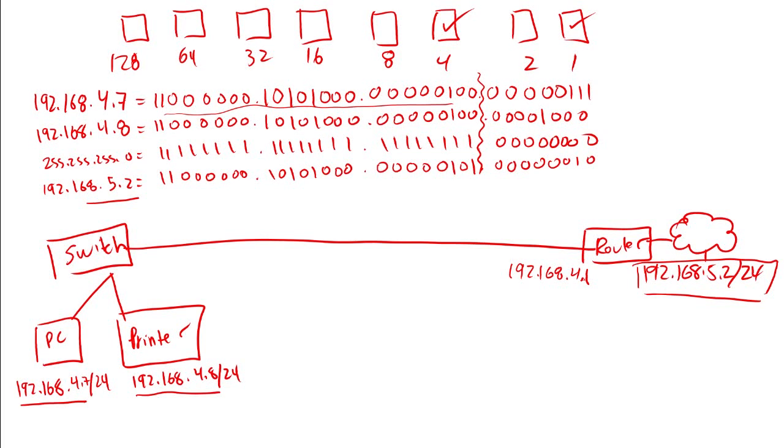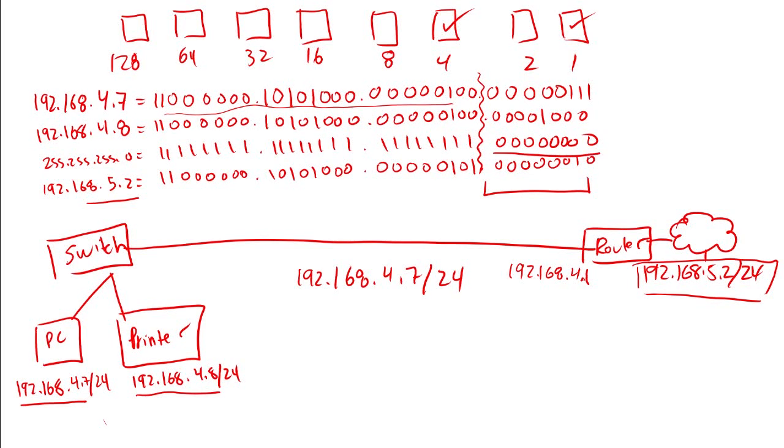Now, the real question is, if I gave you the address 4.7 and it's a /24, how do you know the width? Well, you know the width is from the subnet.